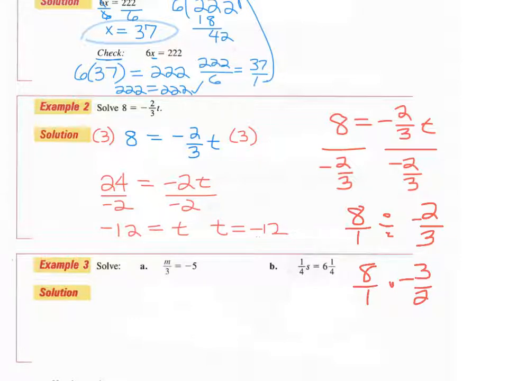So I think it makes it a little bit easier if you clear the denominator first. This cancels, and then it gives you something a little simpler. And then we still get the same answer either way.